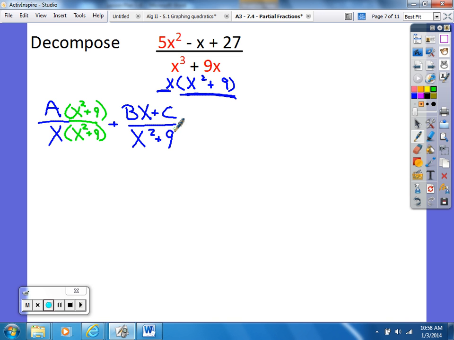X. So I'm going to multiply top and bottom by x. But if I just did x plus 9, if I FOIL these two together, Jess, I actually get x squared plus 9x. That make sense? Good question.